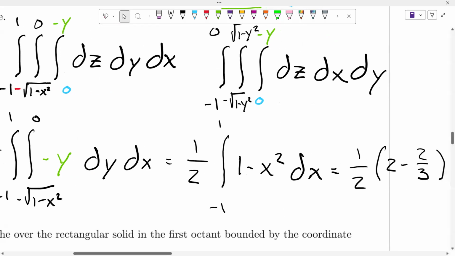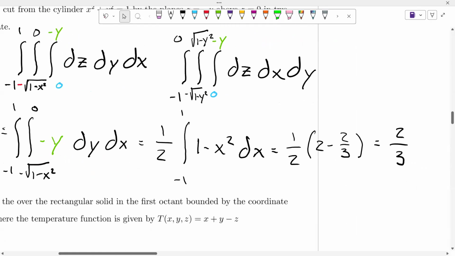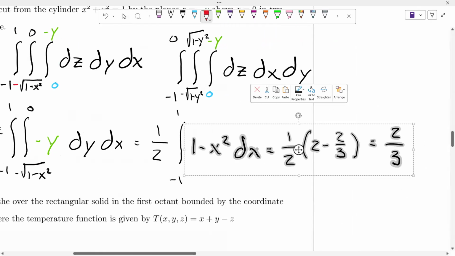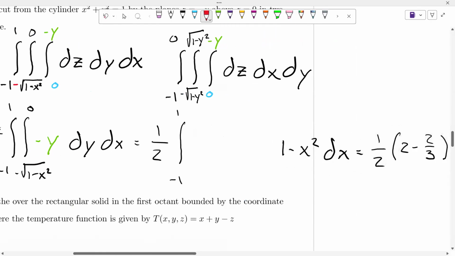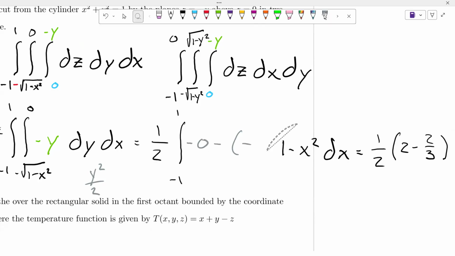So if I were to just fill in some extra detail right here, again, this thing is going to integrate to y squared over 2. So I'll add in that detail. This is going to be then negative 0 minus negative this guy.